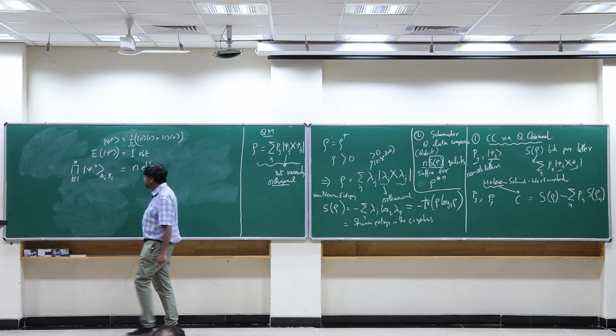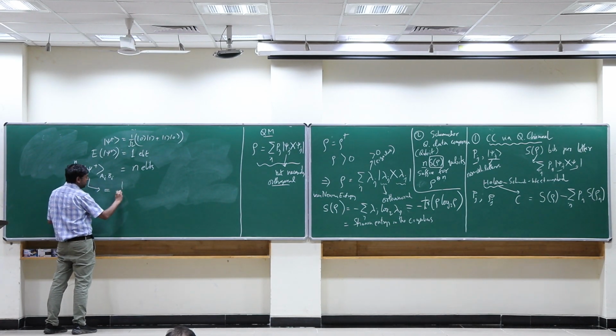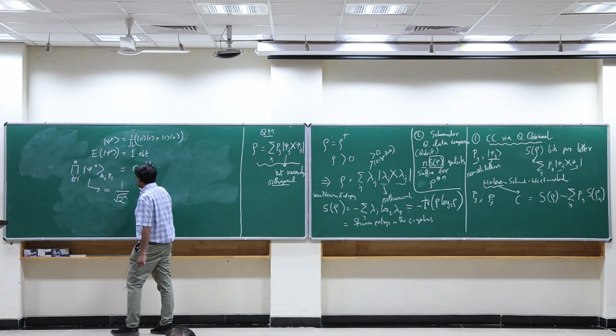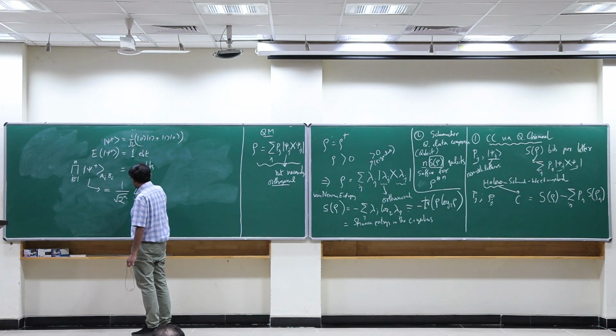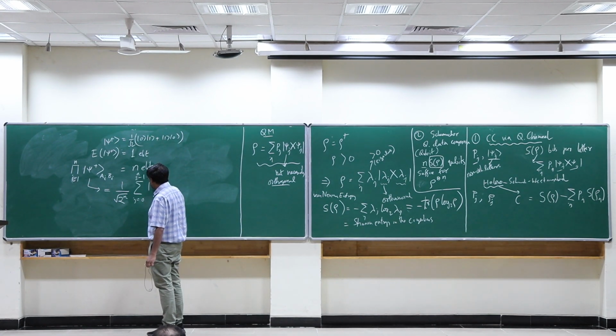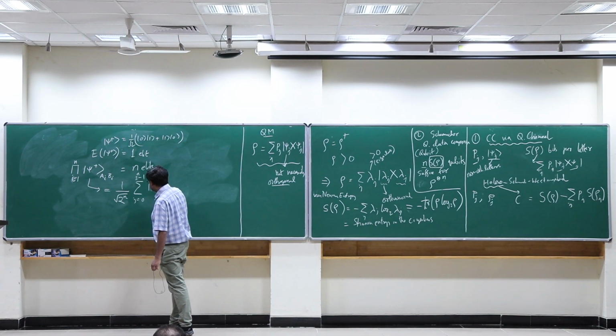Now this state can be rewritten mathematically in the following form: 1 over root 2 to the power n, sum over j equal to 0 to 2 to the power n minus 1, and on the side of A you write everything, with j on A's side.